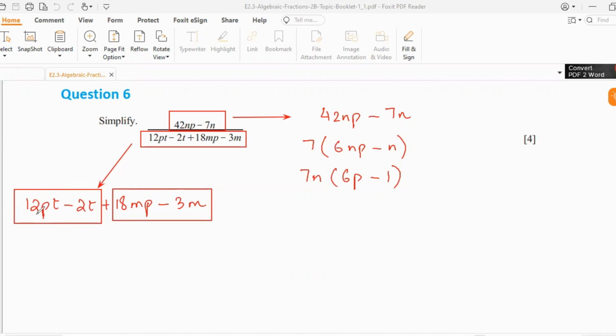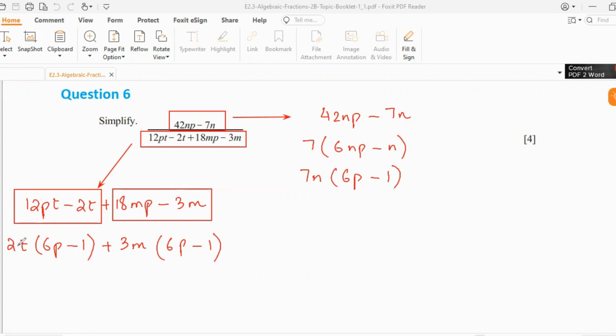So if you look at 12pt and 2t, we can easily say we have 2t in common, and the brackets will be left with 6p minus 1. Similarly, if you look at 18mp minus 3m, we have 3m in common. And inside the bracket, we'll be left with 6p minus 1 again.